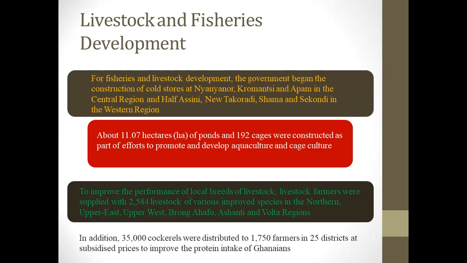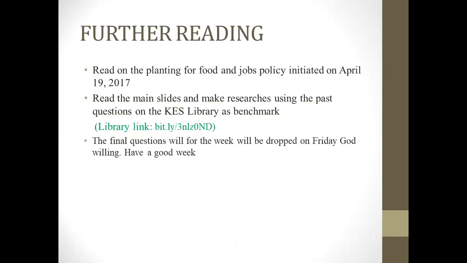In addition, 35,000 cockerels were distributed to 1,750 farmers in 25 districts at subsidized prices to improve the protein intake of Ghanaians. Subsidized prices means the government didn't pay everything, but paid a tangible portion of it. So just keep all of these statistics in your mind.